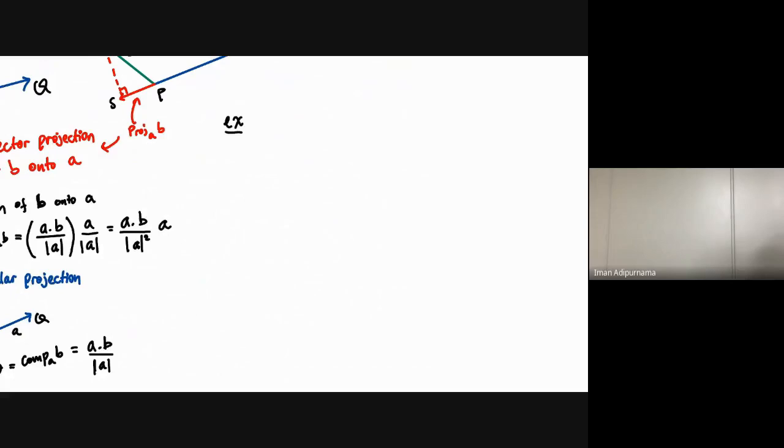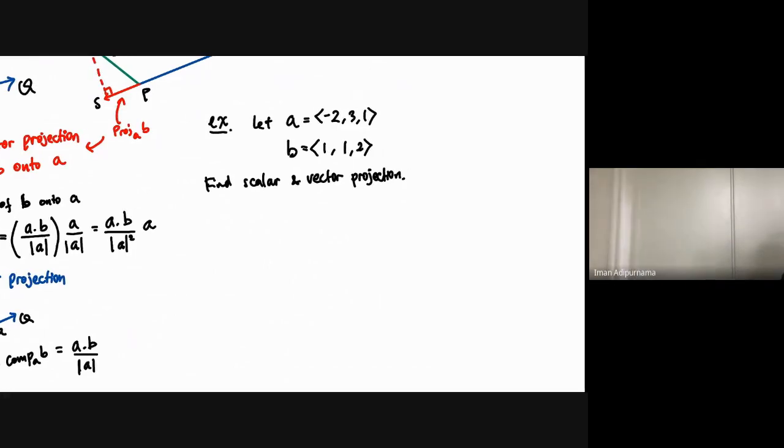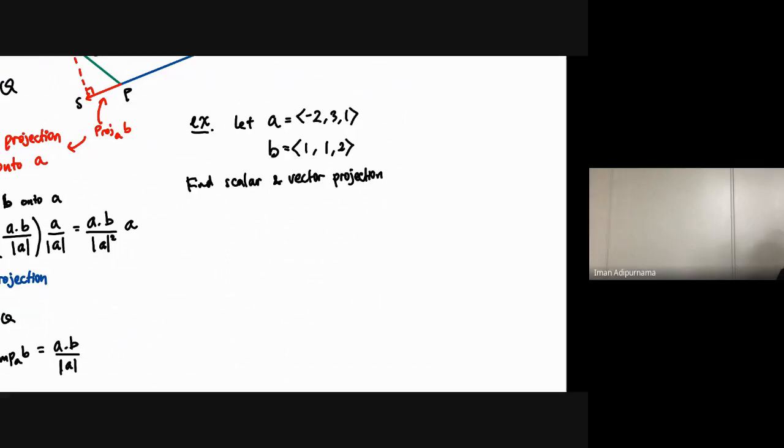Okay, let me write some questions here. Let vector A and B, find scalar and vector projection of B onto A. Because it will be a different case if I'm switching A and B. It will be different.